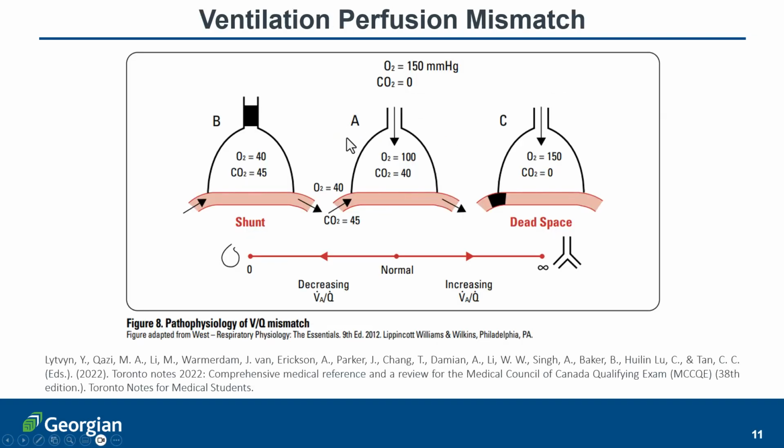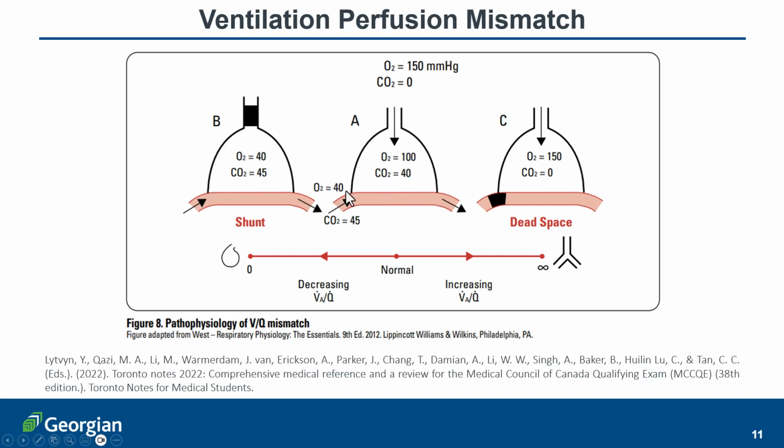I just want to make a mention as a refresher for A&P about this ventilation perfusion mismatch. So under normal conditions, you have blood flowing into the lungs. Here's a pulmonary capillary that blood flows into through the venous system, whereby PO2 is 40 and PCO2 is 45. In the alveoli, PO2 is 100, so oxygen automatically diffuses from the alveoli into the blood in the pulmonary capillaries because of this oxygen gradient.